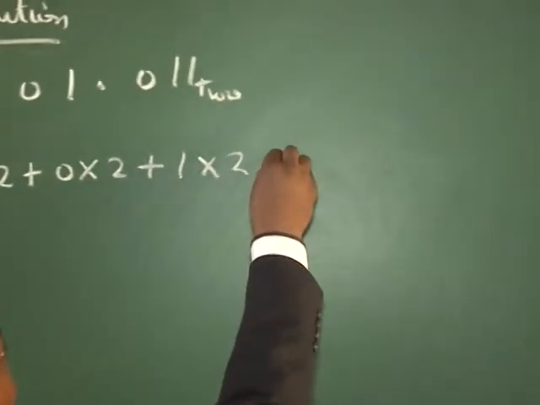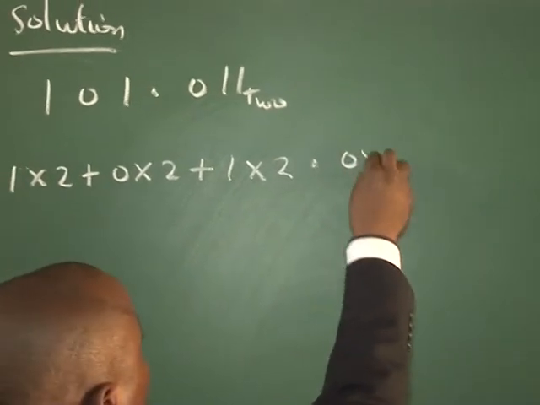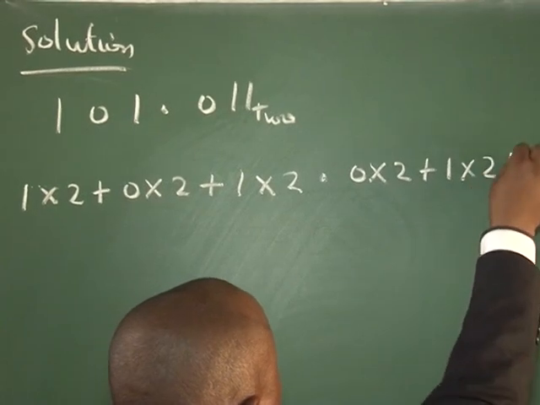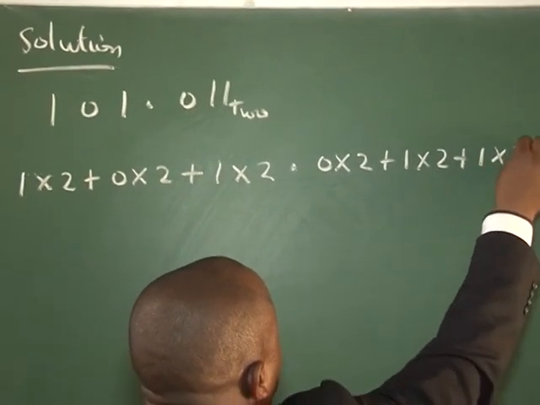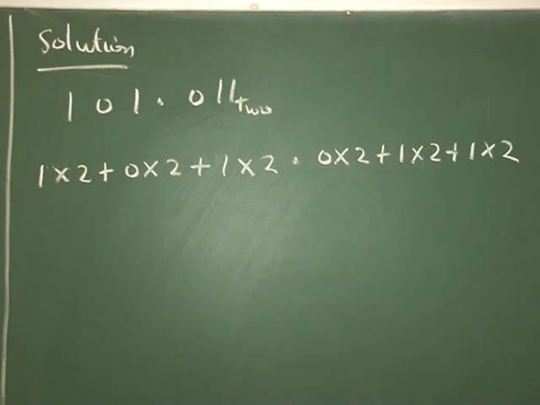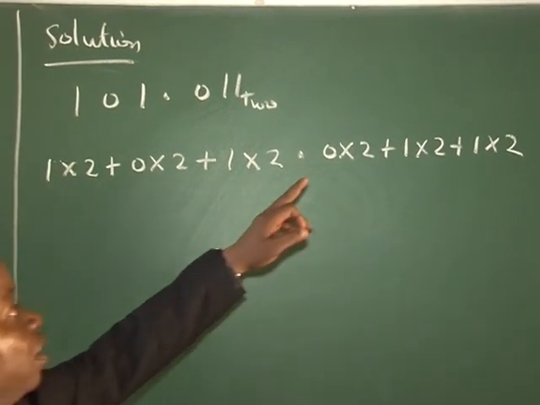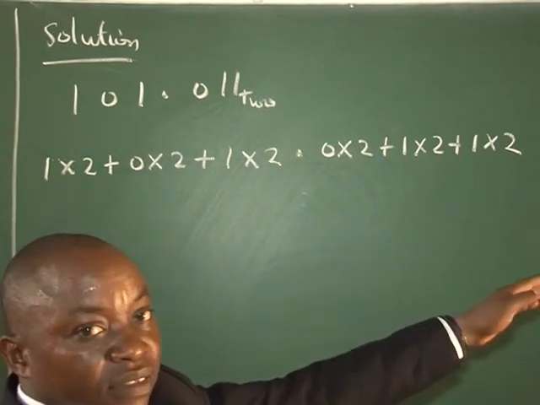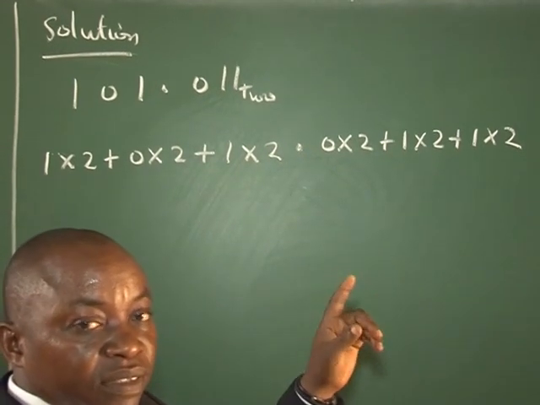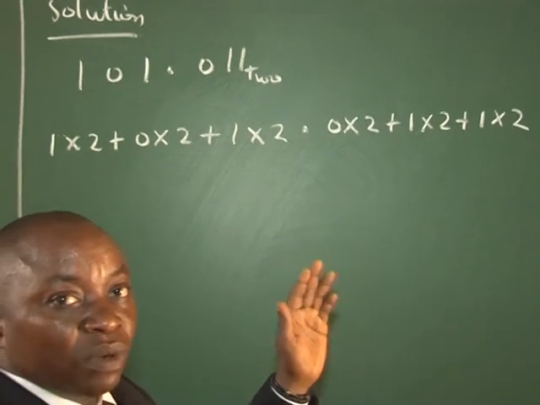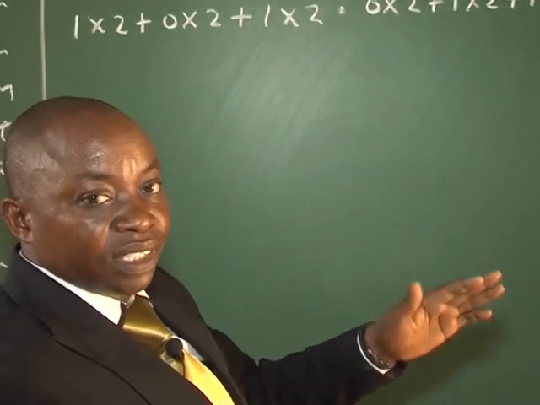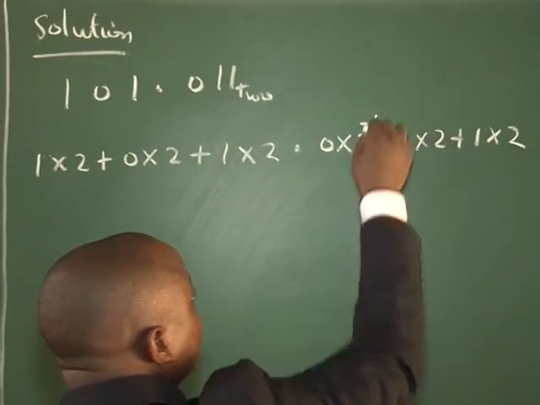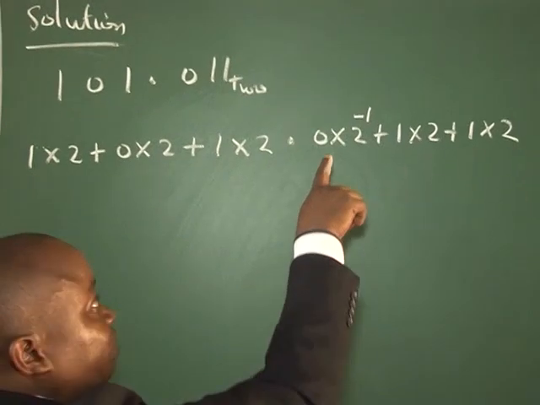Then we have the decimal point: 0 times 2 plus 1 times 2 plus 1 times 2. Now we are also saying that from this decimal point to the right, we are going to raise this base starting from -1, -2 in decreasing order. So here we have -1. We are going to raise the base to a power such as -1.